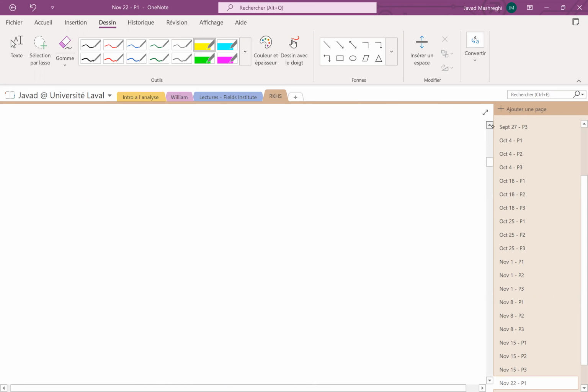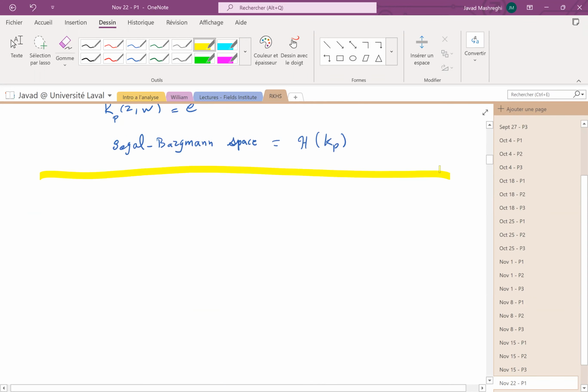Now, we generalize this construction a little bit more, now over series of balls.